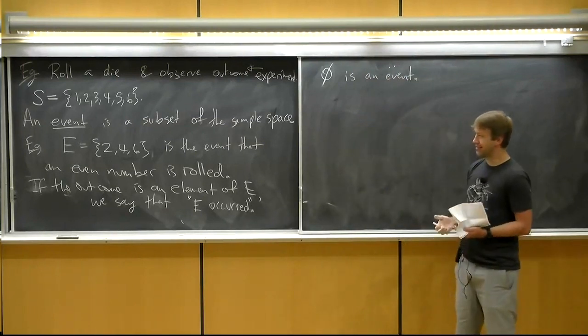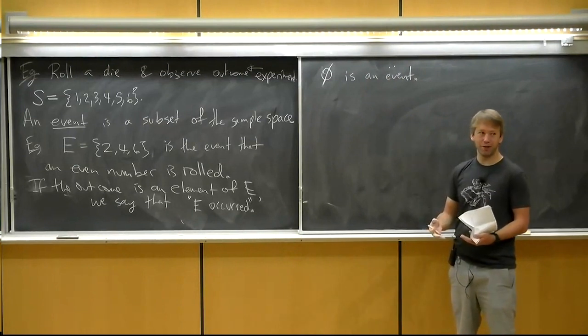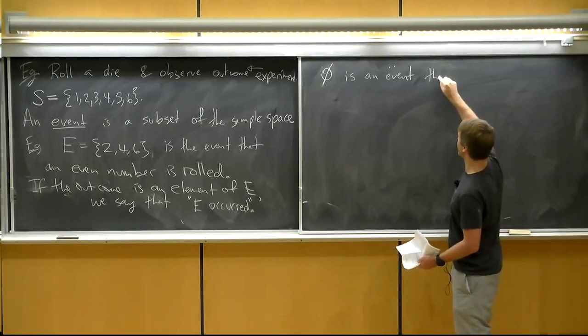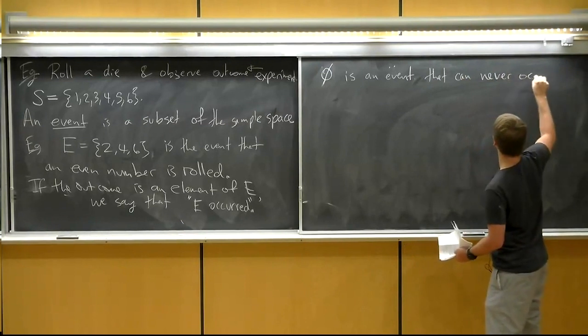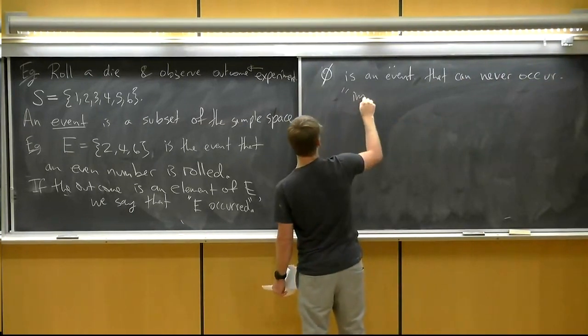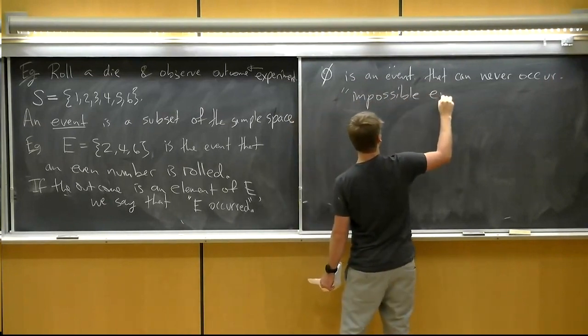But the thing is, it's not possible for that event to occur, right? So it's an event that can never occur. So we might call it the impossible event.